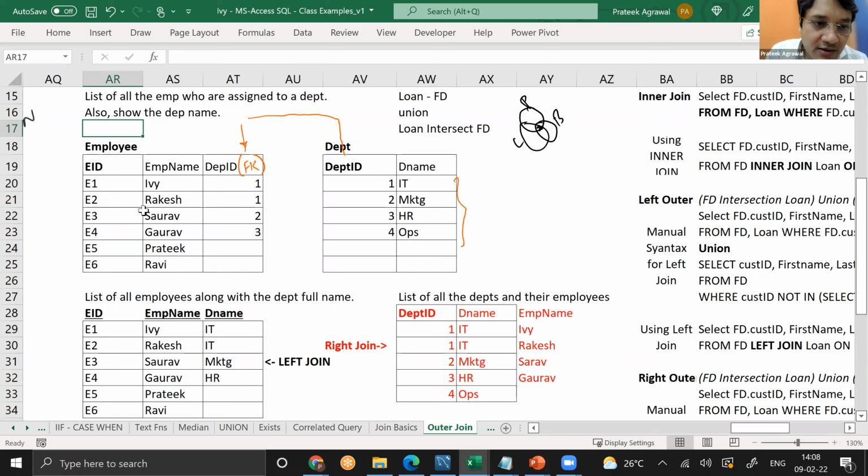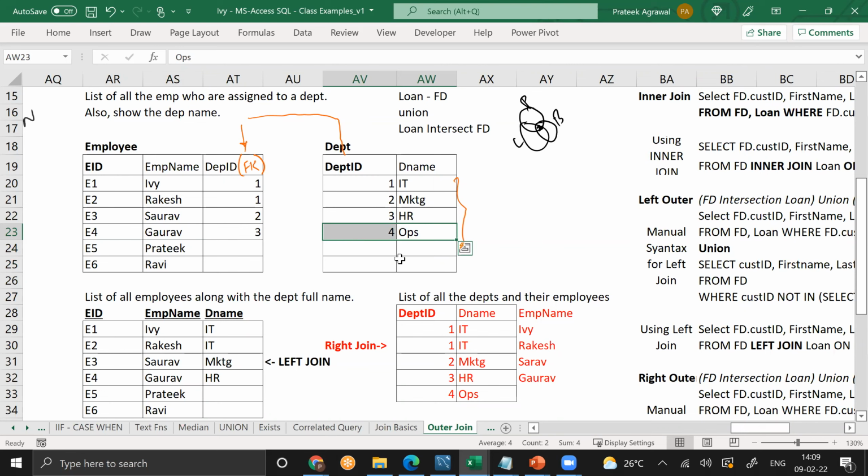Out of these 6 employees that we have, there are 2 employees, Pratik and Ravi, who are not assigned to any of the departments. Is it making sense, everybody? And also, there is a department called operations, which doesn't have any employee. You can see the department ID is blank for the operations department. Is it making sense?